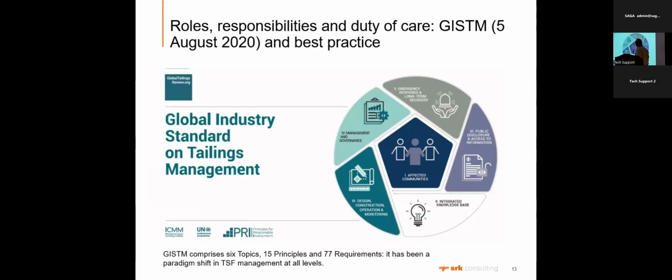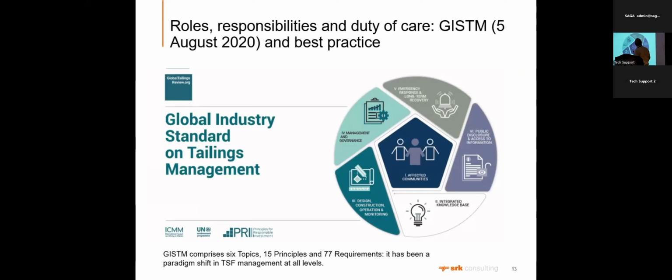If I can just work through this, the first one is the affected communities. Number two is your knowledge database. Number three is design, construction, and operations. Number four is management and governance. Number five is emergency response and long-term recovery.